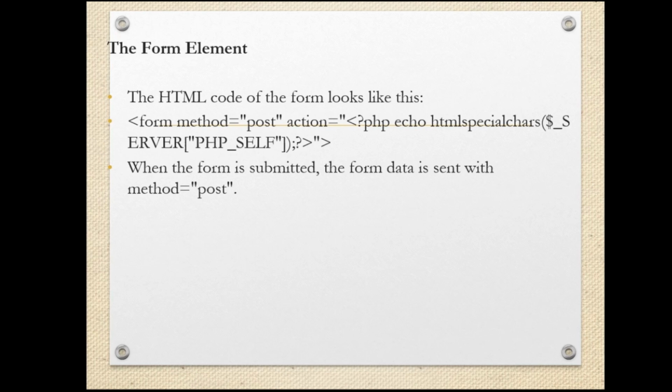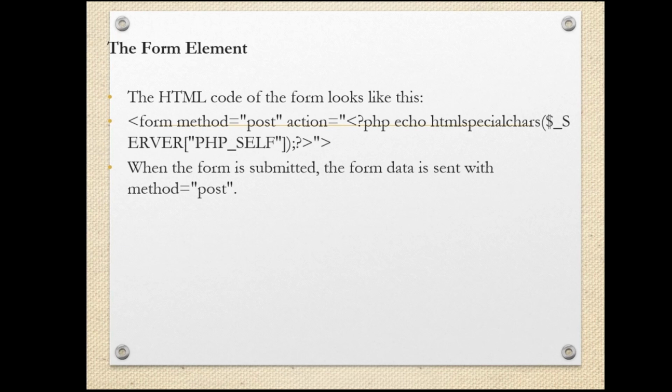Next one, we have the form element. The HTML code of the form looks like this: form method equal to post. Again, as we have discussed in the previous chapter about get and post methods, it is your choice whether you want to select the get method or the post method.